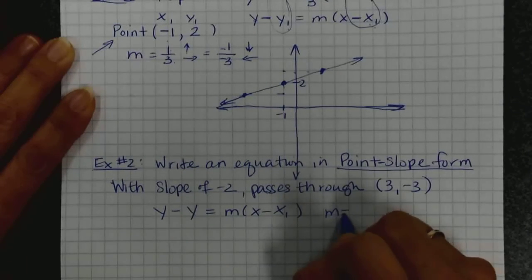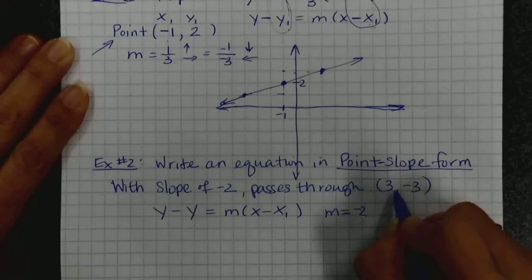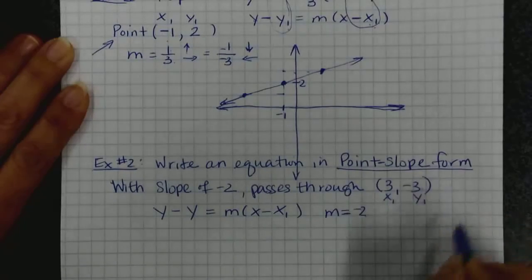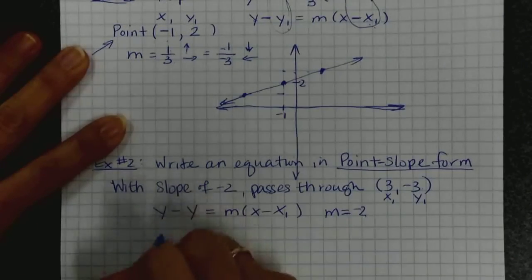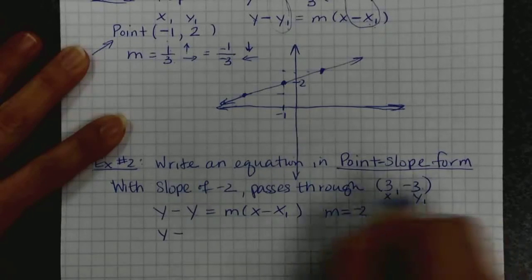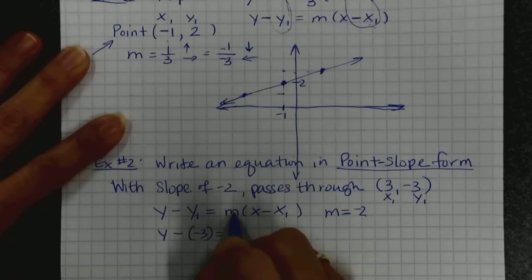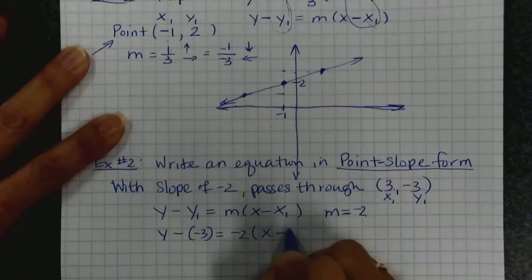Then we know that the slope is negative 2. And the point given is 3, negative 3. And we're going to label that x1 and y1, so that when we plug it in, we know exactly where it goes. So then we're going to plug it in. Y minus y1 is y minus negative 3 equals m, which is negative 2, times x minus x1, which is 3.